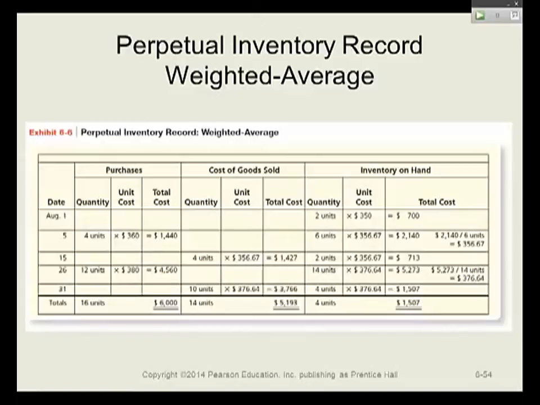Divide that by the 14 units that are in inventory at this point, and your average cost goes to $376.64 after the purchase.